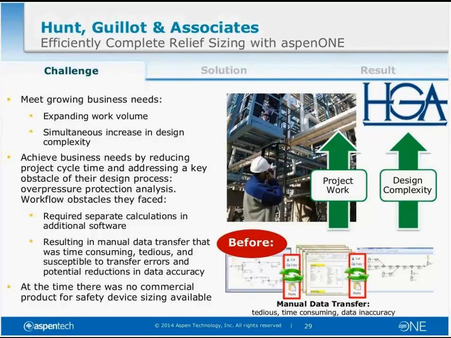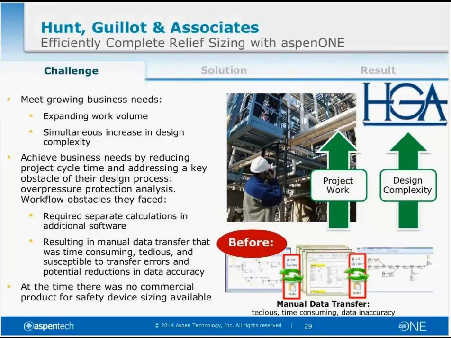So HGA realized that they completed overpressure analysis as a regular part of their design workflow, much like many of you, and they saw this area as one of the key obstacles in their design process, or a bottleneck. So HGA's original overpressure protection analysis, as highlighted at the bottom of this slide, was very similar to the before or purple workflow we demonstrated earlier in this webinar.